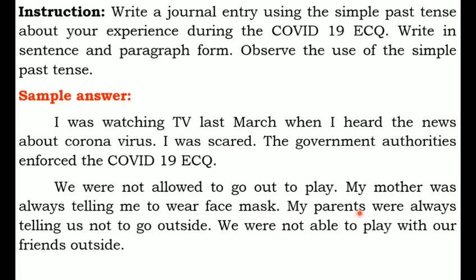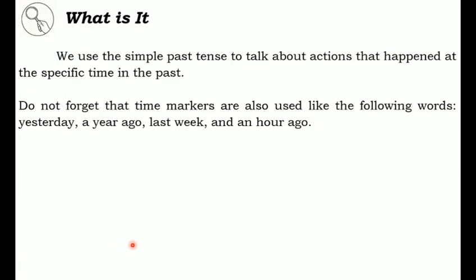My parents, okay, parents ay plural, kaya gumamit tayo dito ng were. My parents were always telling us not to go outside. We were, okay, the subject we is also plural, so ang gamit nating verb dito ay were. We were not able to play with our friends outside. Okay. Next, what is it?